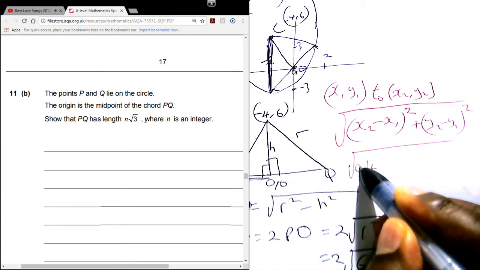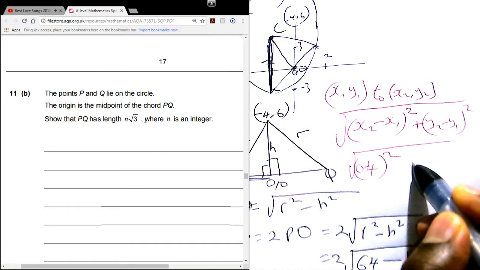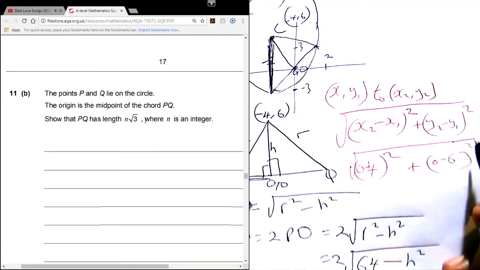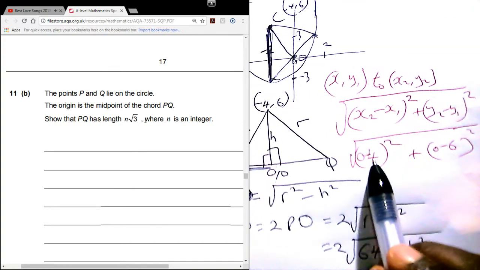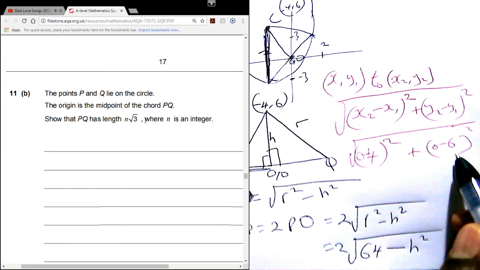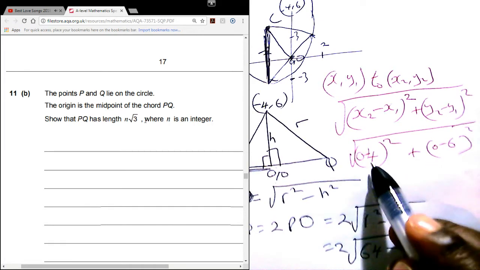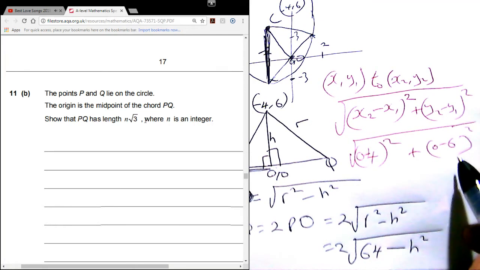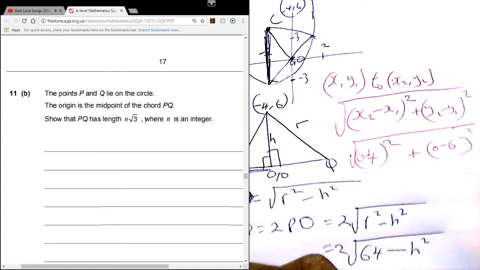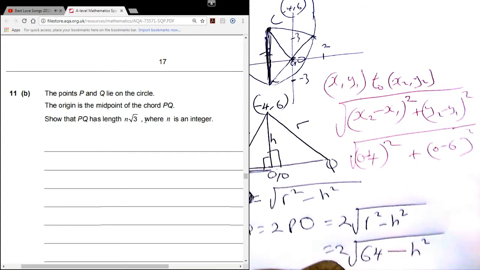That's 0 minus -4 all squared, plus 0 take away 6, and then you square that. If I square my -4, it's 16, and if I square 6, it's 36. So 16 plus 36, beg your pardon, gives me 52.